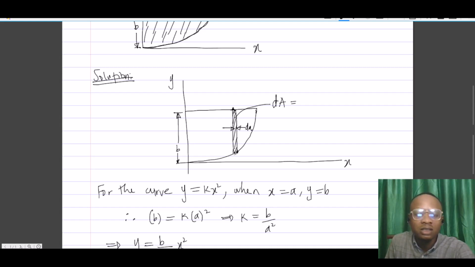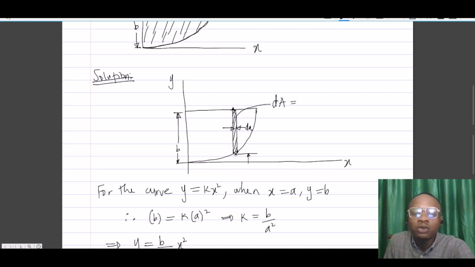We don't know what it is. But one thing is sure, that if we are able to get the distance up to this point, then we can subtract it from b to give us the height of this rectangular strip. So that's what we're going to do.